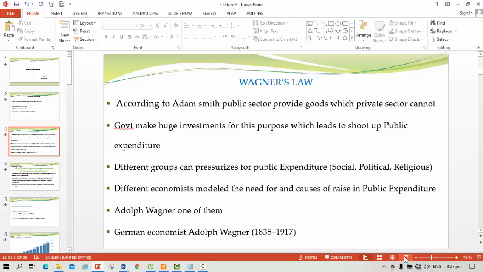In this lecture, our first topic is Wagner's law, which shows the relationship between economic development and the increase in public expenditure. This law also discusses the causes of the increase in public expenditure.